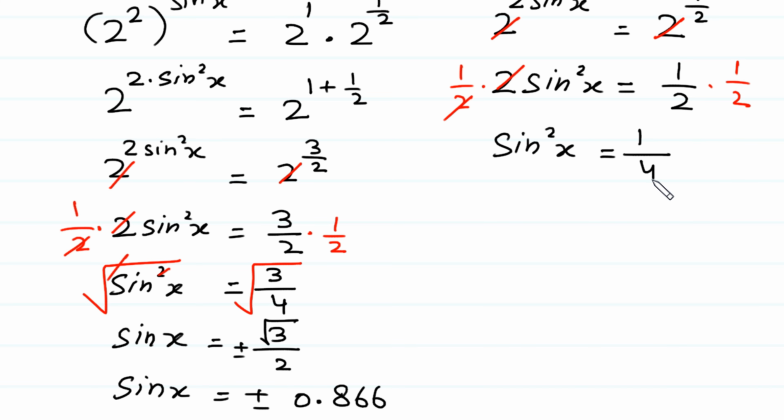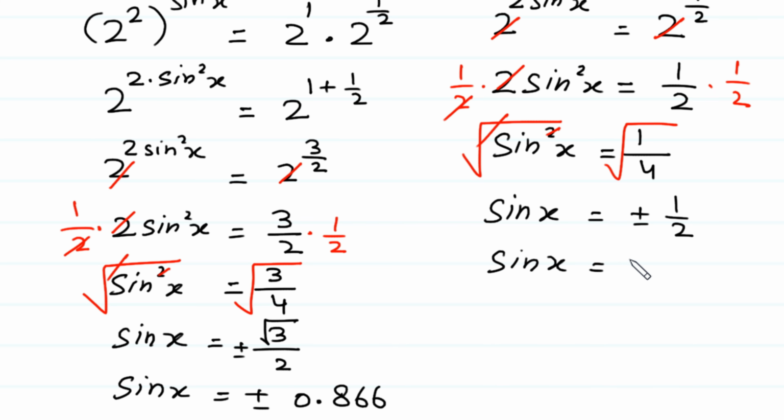Next we take square root of both sides. At left side square root and at right side square root. This square will be cancelled with this square root, and here left sine x is equal to square root of 1 over 4, which is plus minus 1 over 2.